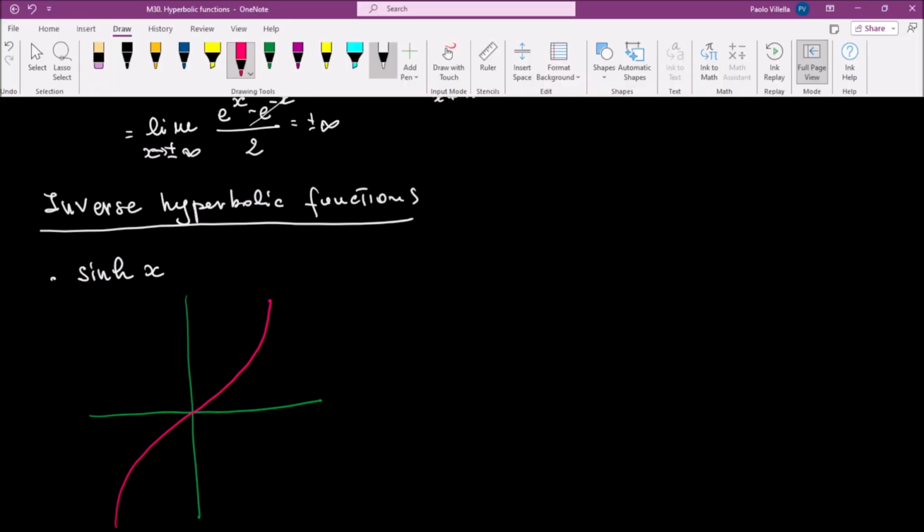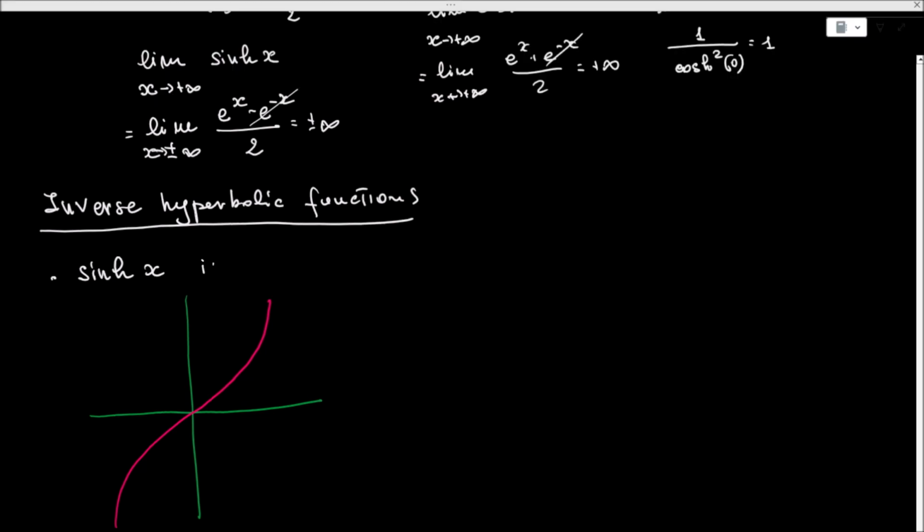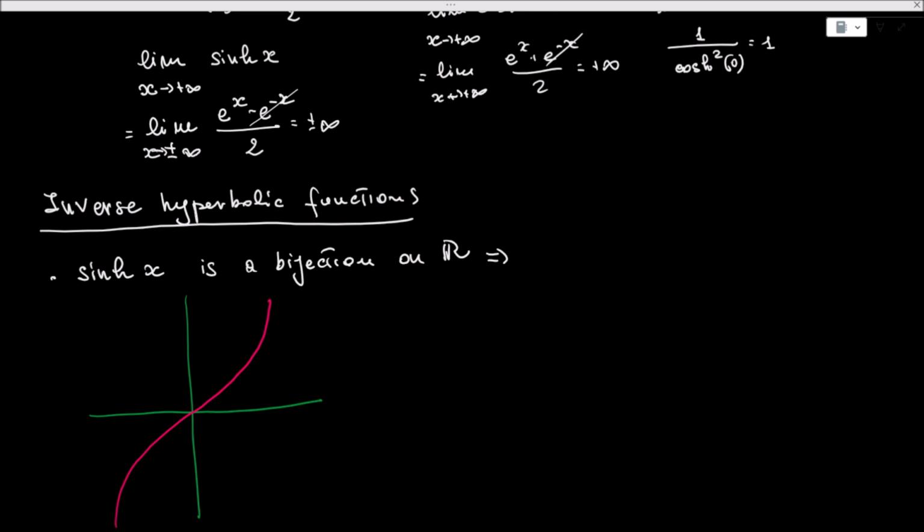So we can say that the hyperbolic sine of x is a bijection on the entire real line, which implies that there exists an inverse, which we call g from R to R, which will be exactly the inverse.